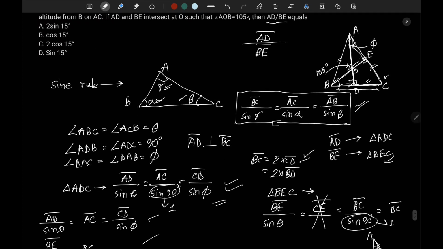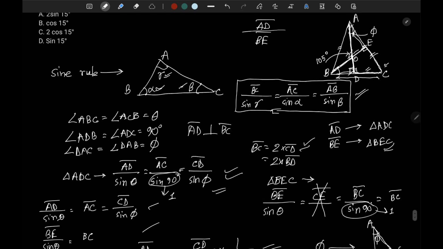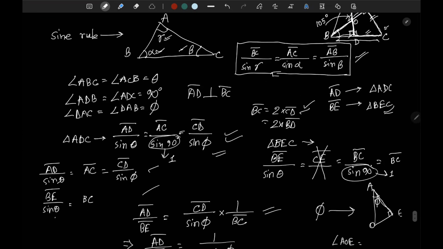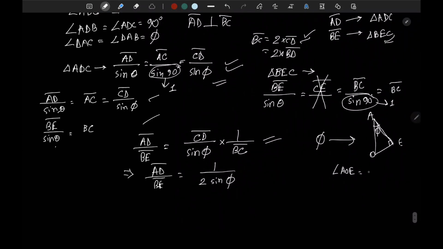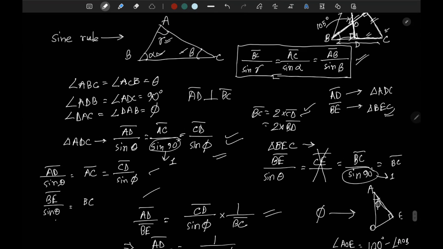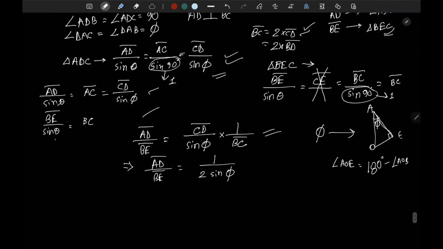So AOE is nothing but 180 degree minus angle AOB, right? Because BE is a straight line. So we already know the value of angle AOB. That value is 105. So AOE is basically 180 degree minus angle AOB, right? So AOB is 105. That means angle AOE is going to be 75 degree.